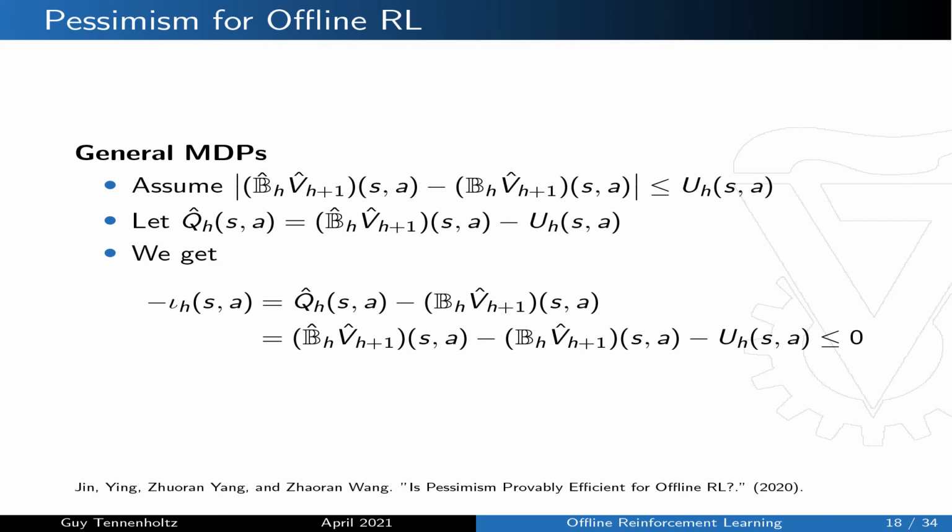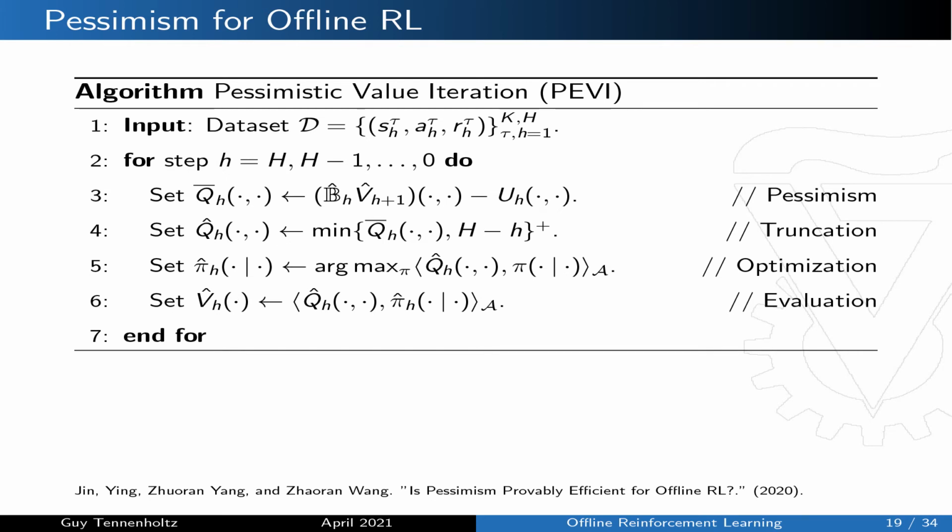And let's see this in an algorithm, in a value iteration algorithm. The difference here between this and a regular value iteration algorithm is that we're going to add pessimism to our estimator. So we have some data set of states, actions, and rewards.